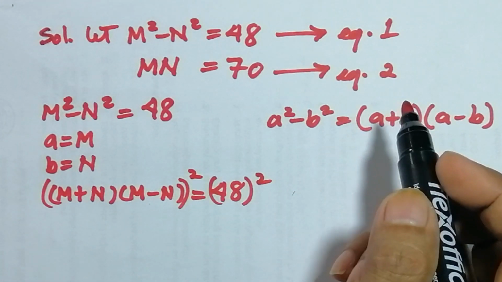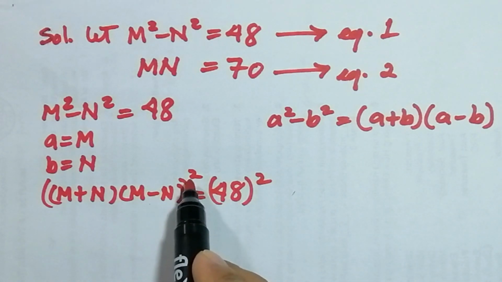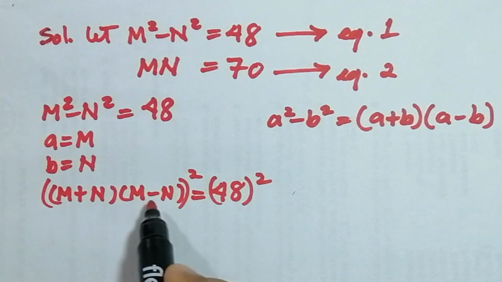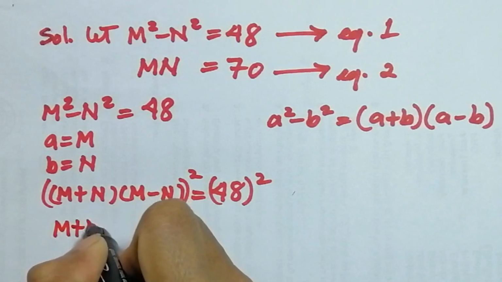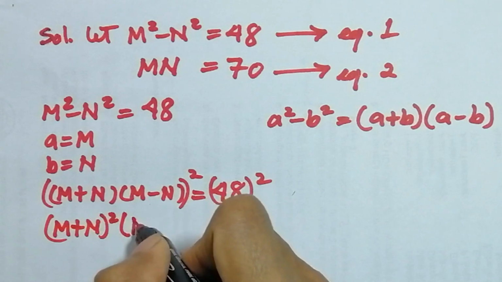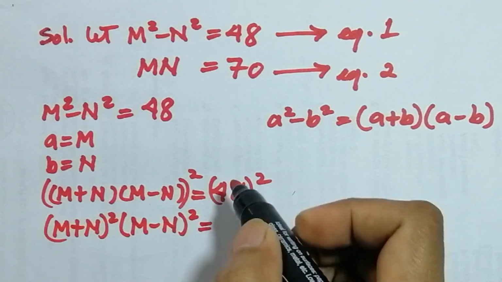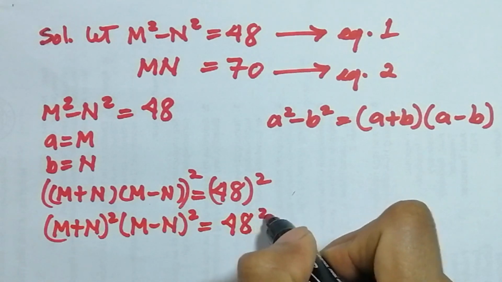All right, now after this, we are going to distribute this power to its close and open parenthesis. (m plus n) squared times (m minus n) squared is equal to 48 squared.